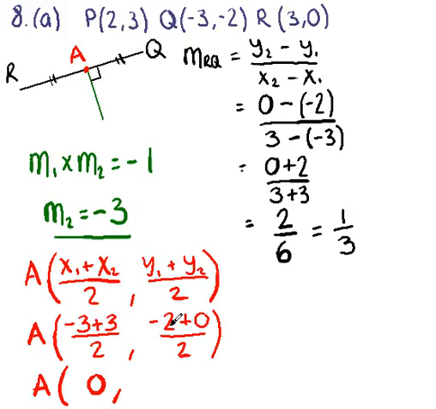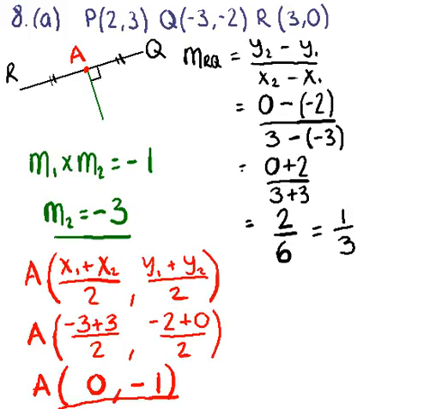And on this line we have minus 2 add 0, which is just minus 2, and minus 2 divided by 2 is minus 1. So A, the midpoint of our line RQ, is the point (0, -1). So now we have a point on the green line, we have the gradient of the green line, so we can go ahead and work out the equation of the green line.